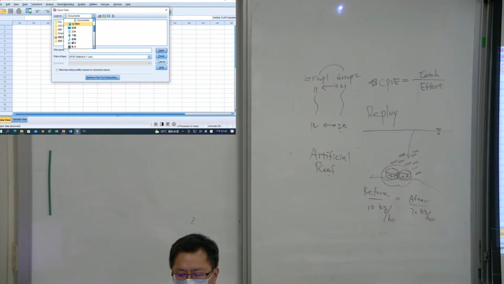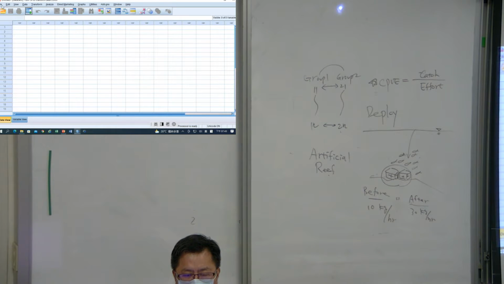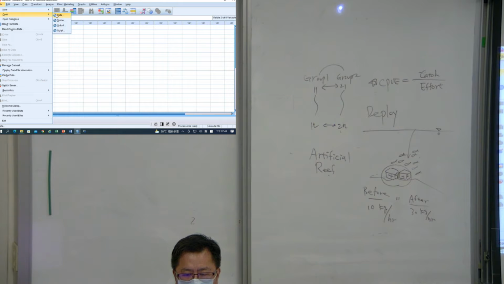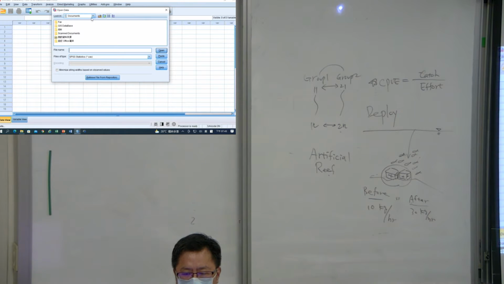There's the data, okay? Open the data from your USB. Chapter 2.